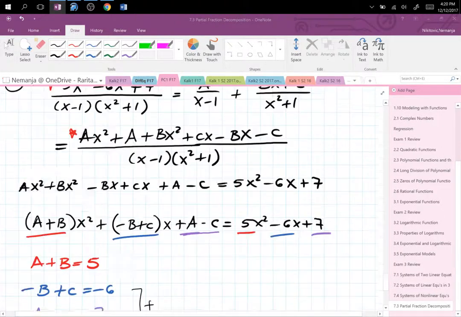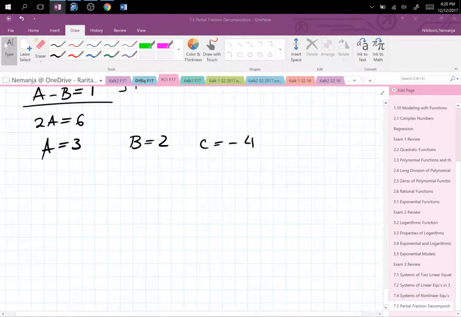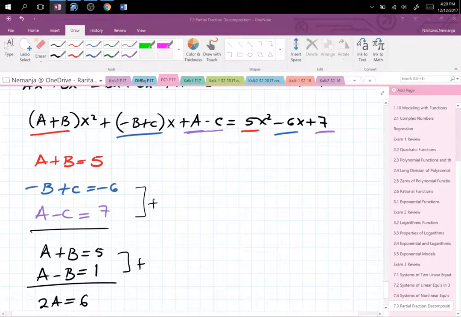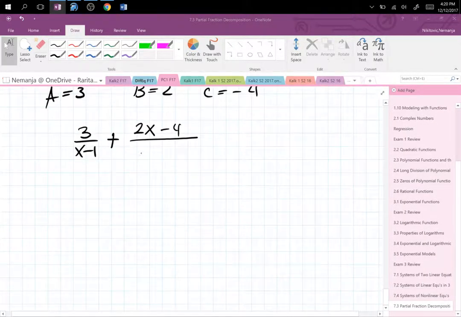Alright, so that's x minus 1. So 3 over x minus 1 minus bx, so that's 2x. It's a plus. Minus 4 divided by 5x squared, 6x.